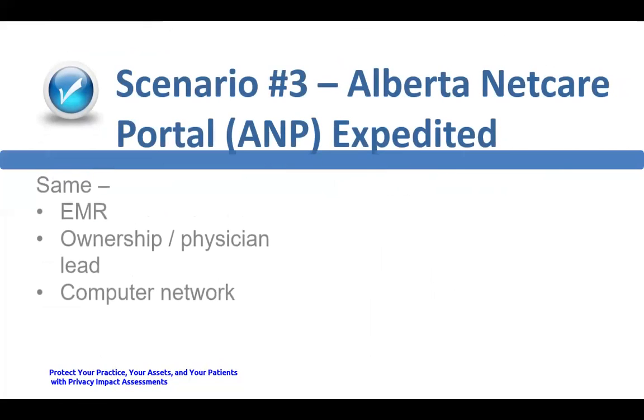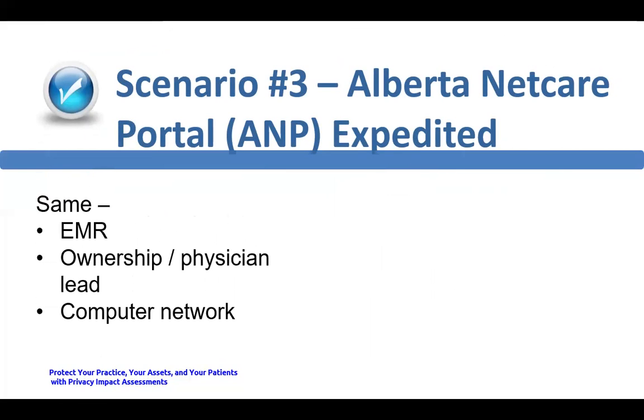Another common scenario about what's changed is Alberta Netcare Portal. So some chiropractic clinics, for example, that did not previously have access to Netcare now have access to Netcare, and they need to do an expedited privacy impact assessment. Now, an expedited PIA process is something that has been negotiated between Alberta Netcare Portal and the Commissioner's Office.